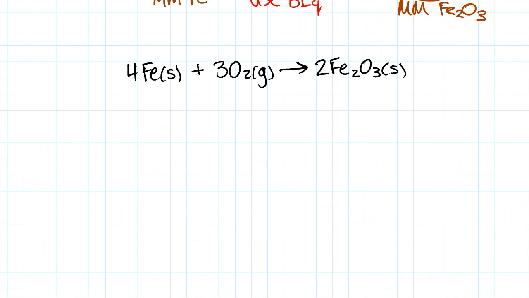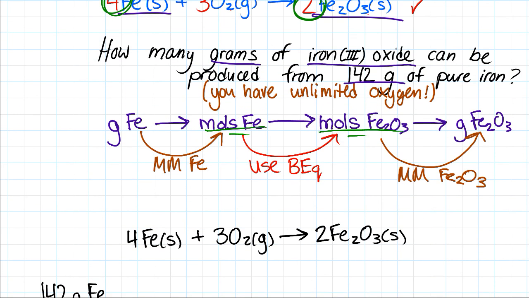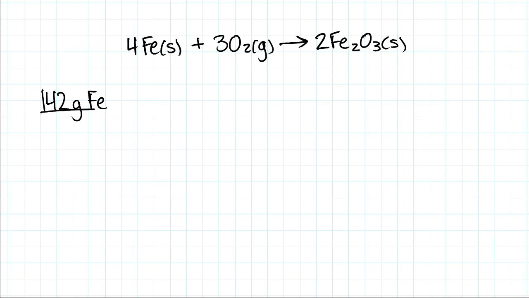We have 142 grams of iron. Always start with what you know, so let's scroll up a bit. We have 142 grams of pure iron. That's the only thing we know. And when I say start with what you know, that means start with the number that's given in the problem. 142 grams of pure iron, what you know, goes over 1.